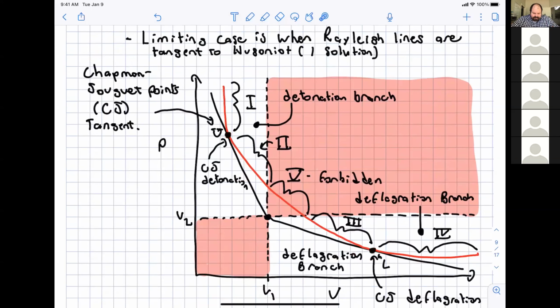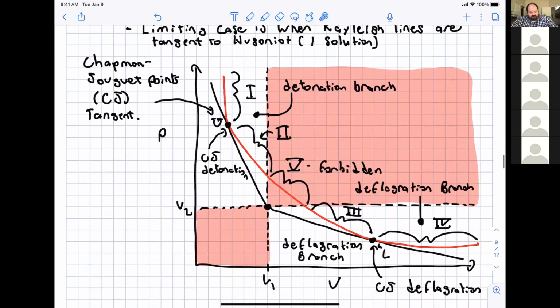The one for the upper branch is called a Chapman-Jouguet detonation, or a CJ detonation, and the one for the lower branch is called the Chapman-Jouguet deflagration. Okay, and then we use these 2 points as separating 5 different regions.